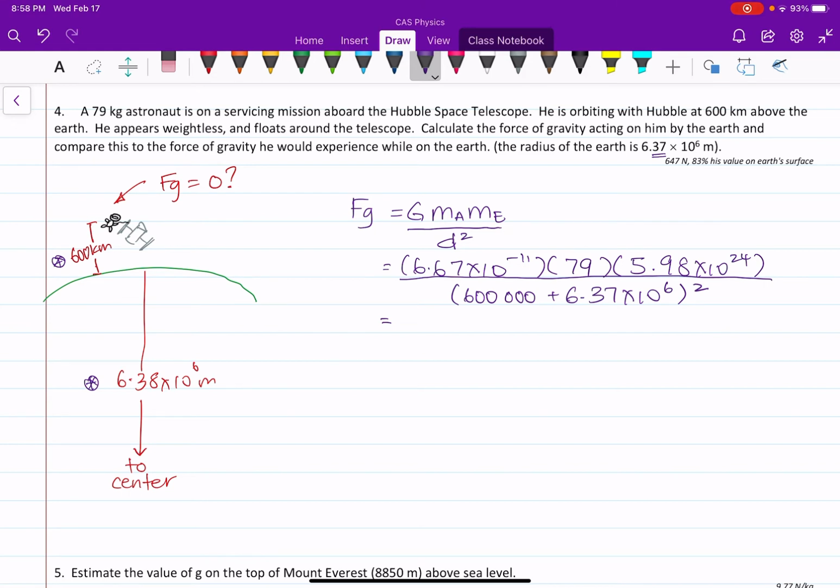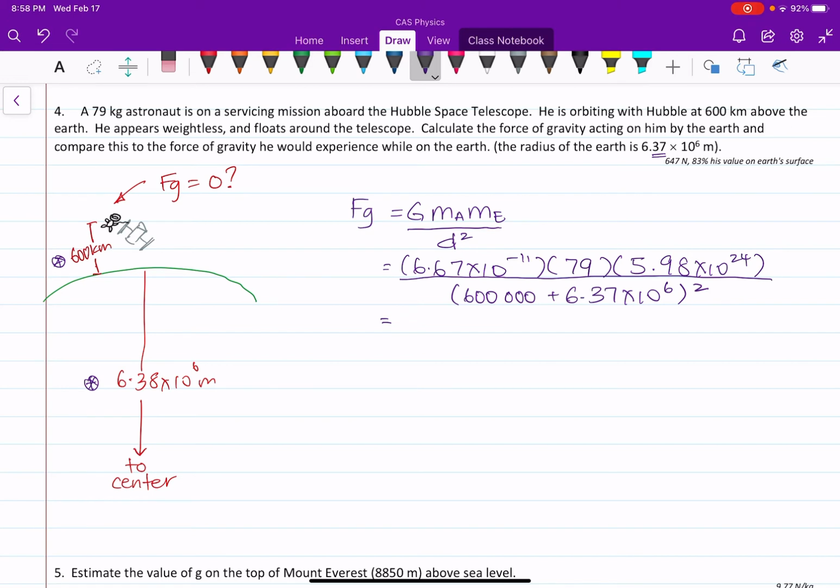So let me plug this in: times 79 times 5.98 times 10 to the 24, divided by, and don't forget to use parentheses, 600,000 plus 6.37 times 10 to the 6th, and then close parentheses, squared.